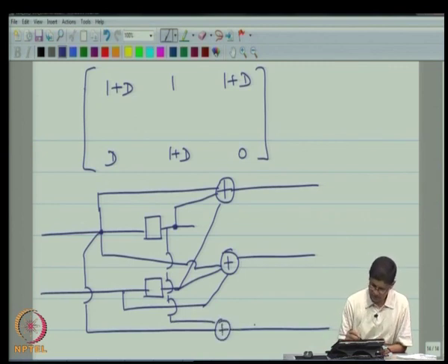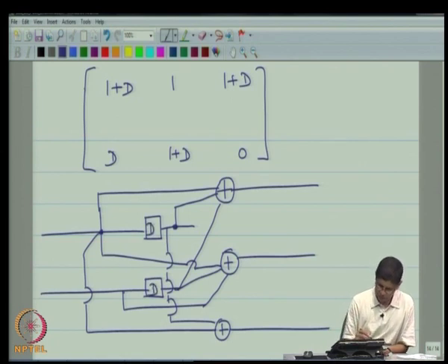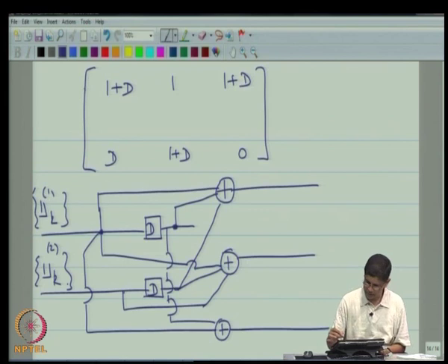So, your encoder will look like this, and let me put a D. So, this is your first input U1 of k, and this is U2 of k.